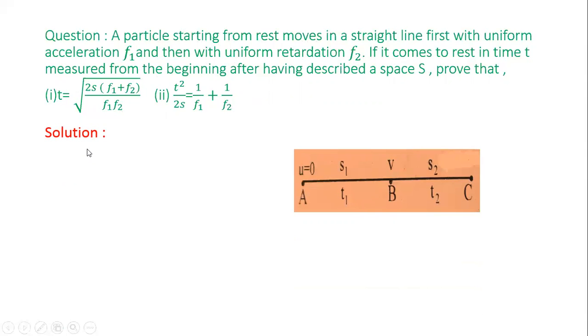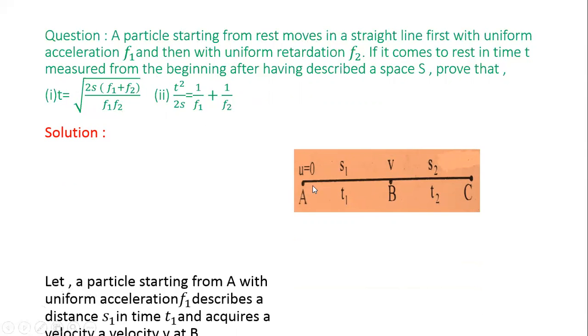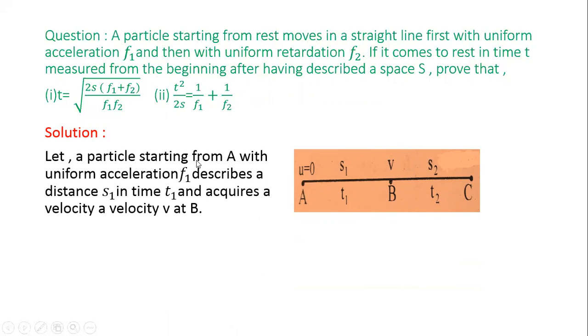Solution. At first, we draw this figure. Let a particle starting from A with uniform acceleration f1 describe a distance s1 in time t1 and acquire a velocity v at B. Here, the particle starts from A, where the acceleration is f1, describes a distance s1, which is indicated here, and acquires a velocity v at the point B. Here the initial velocity u equals 0.